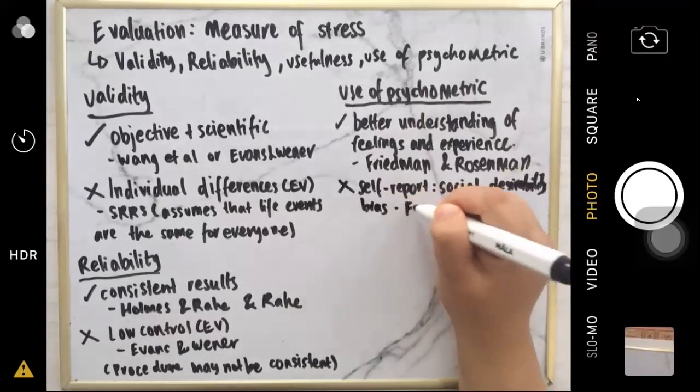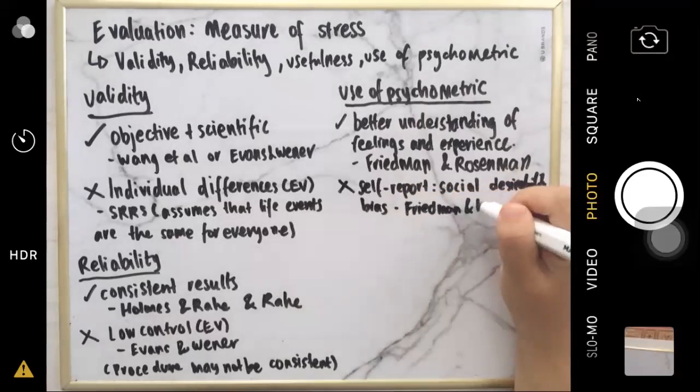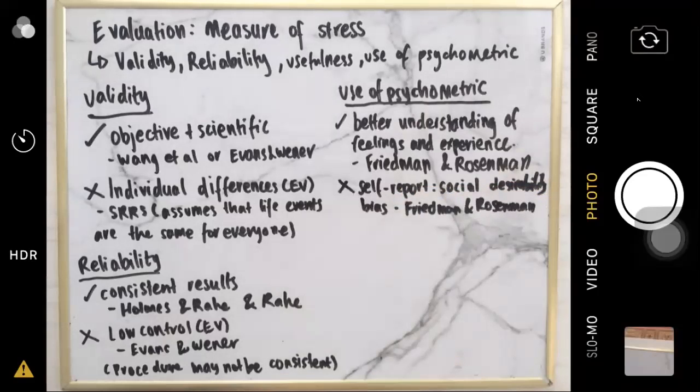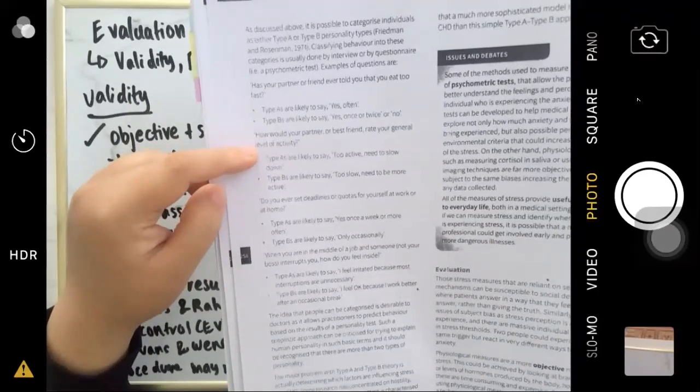Let's say, for example, have a look at the second question: how would your partner or best friend rate your level of activity?